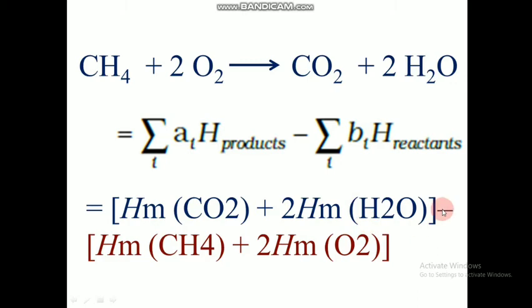We will take the summation minus, now comes the reactants, the molar enthalpy of CH4 plus 2, the stoichiometric coefficient, into the molar enthalpy of oxygen. This will give us the enthalpy change of this reaction, or the enthalpy of reaction of this particular reaction.